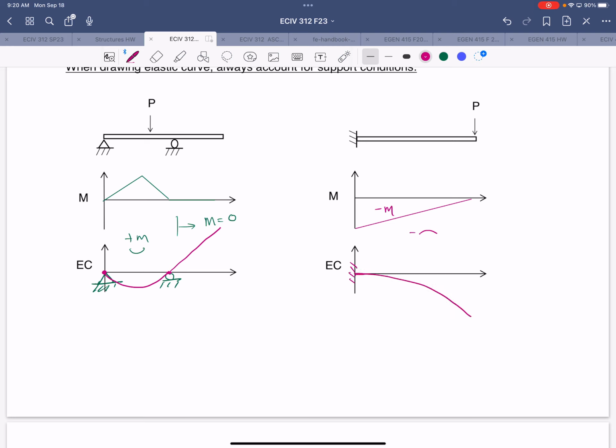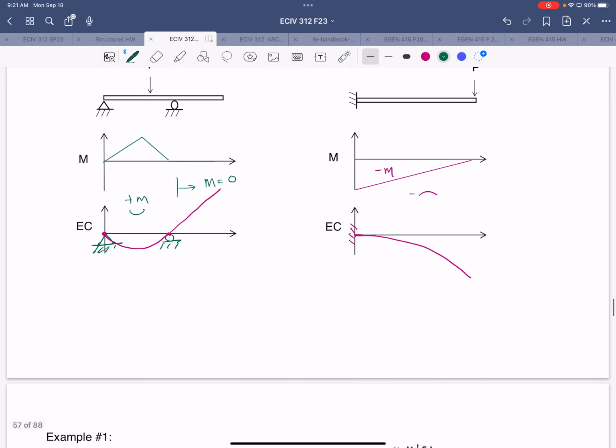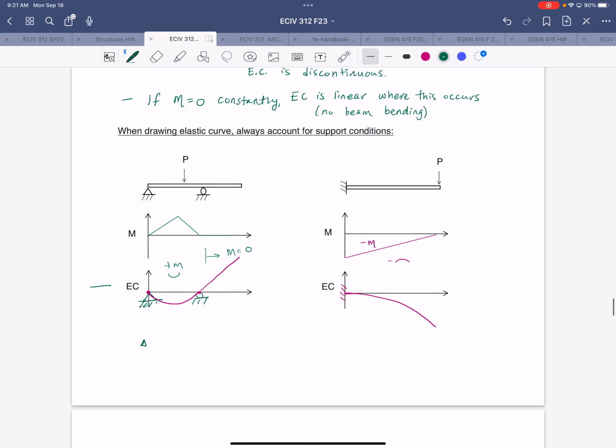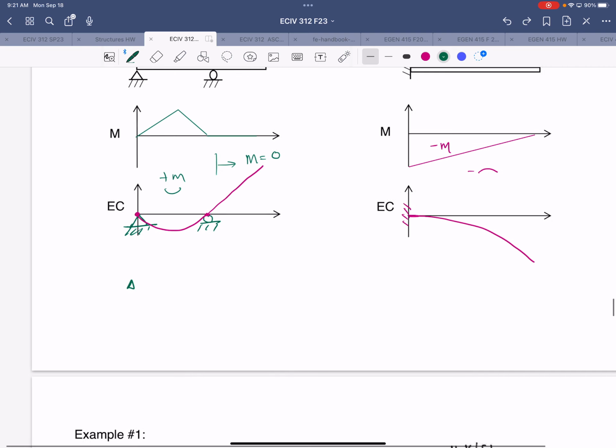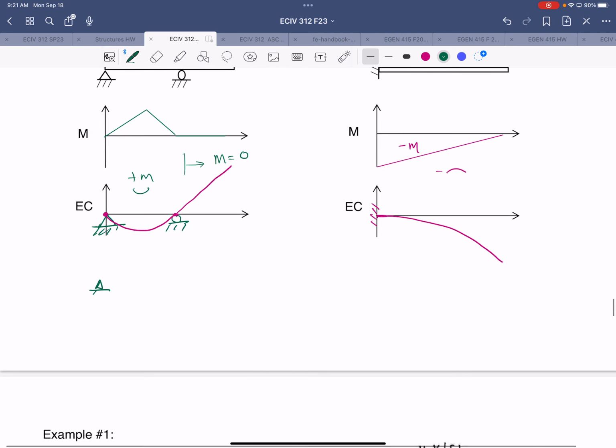All right, so these are obviously very simple examples. You could have drawn these deflected shapes without looking at the moment diagram, but it's just a first step towards connecting the two. So I'll just note here that for a pin support or a roller, the value of the elastic curve is equal to 0, but the slope is not equal to 0.